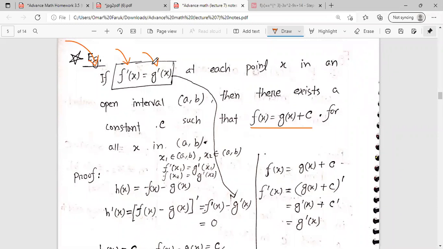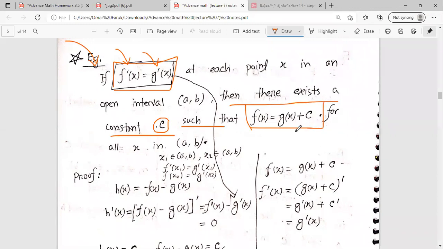So maybe this is like a formula: if f'(x) is equal to g'(x), then there exists a constant c such that f(x) is equal to g(x) plus c.